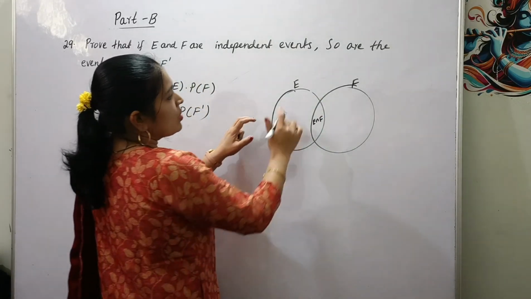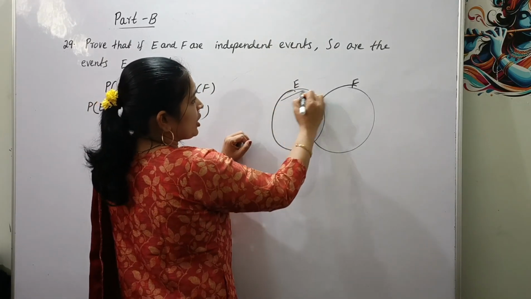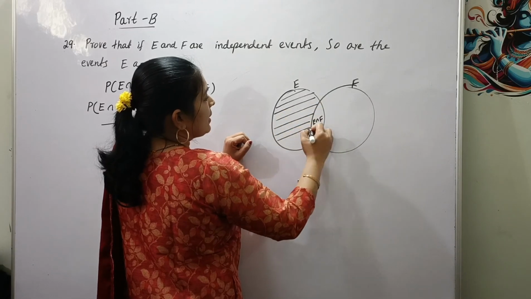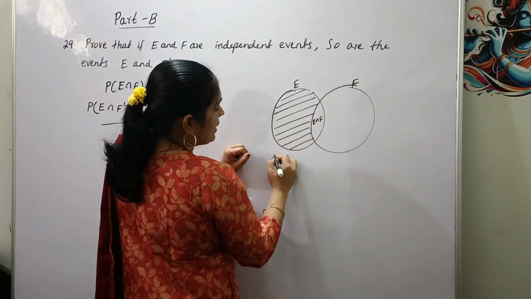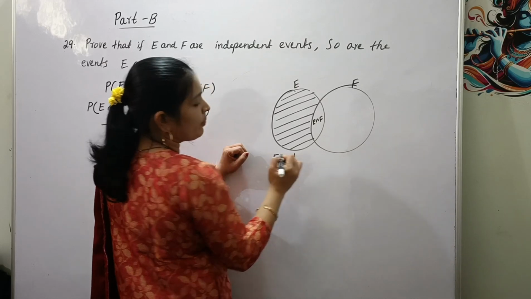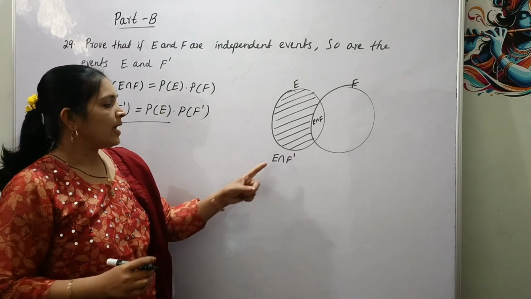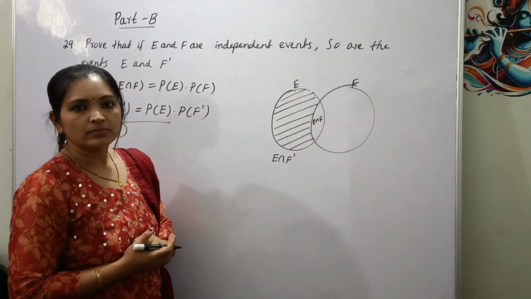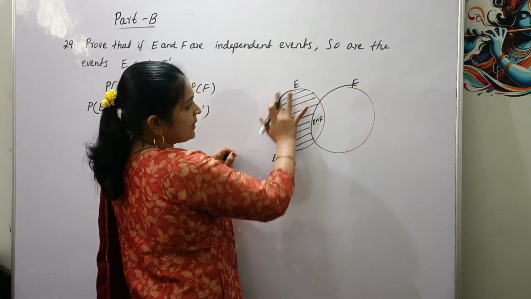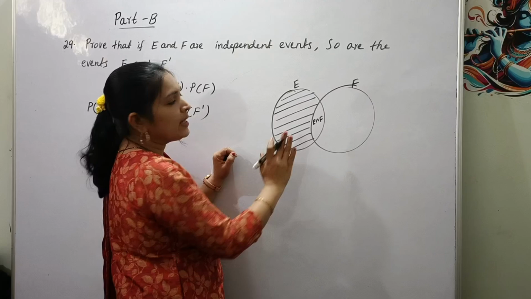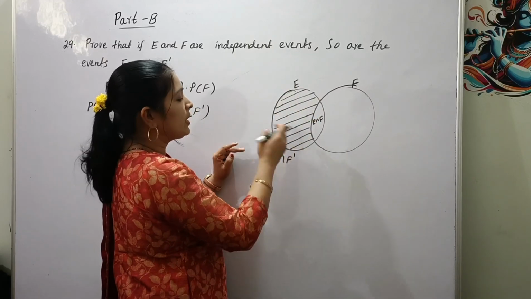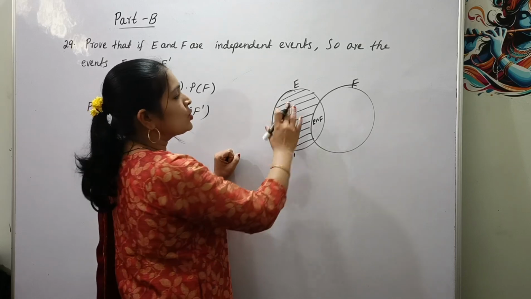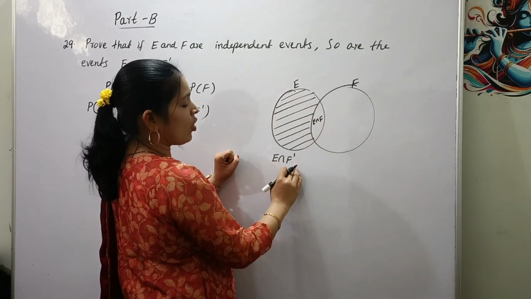Right. Now see this portion. It is nothing but E intersection F complement, that is this one. It is F complement. So this portion is E intersection F complement.